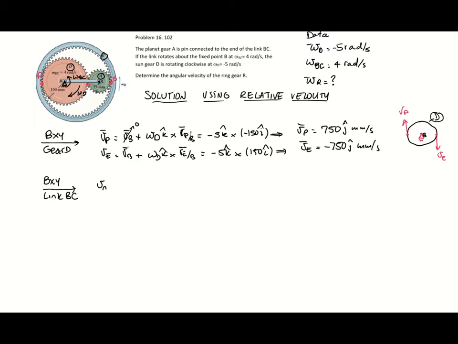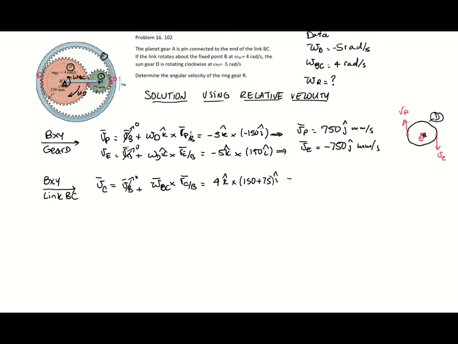The velocity of C, which is the center of gear A, will be the velocity of B, again 0, plus the angular velocity of BC cross the distance between C and B. Substituting the values, the angular velocity is 4k cross the distance between B and C, which is 150 plus 75, all in i.